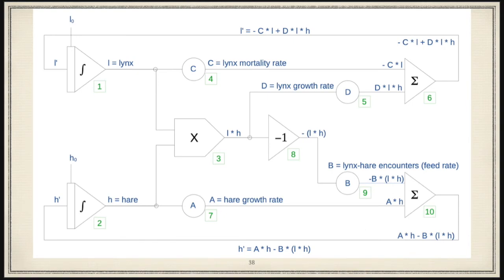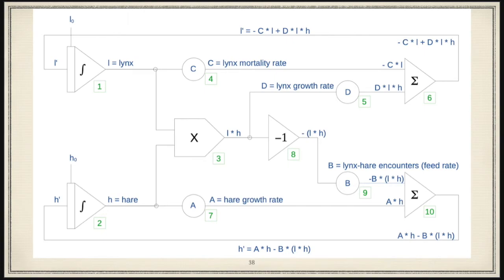This is a flow diagram. The upper part here is the lynx population. The lower part here is the hare population. The multiplier here links these two parts. Here we have a very simple assumption. The number of lynxes is proportional to the number of hares, and inverse.